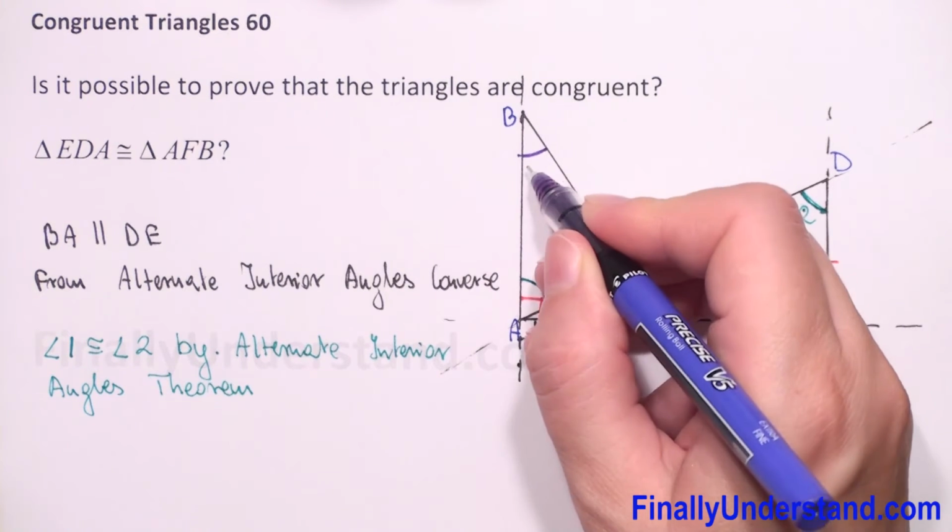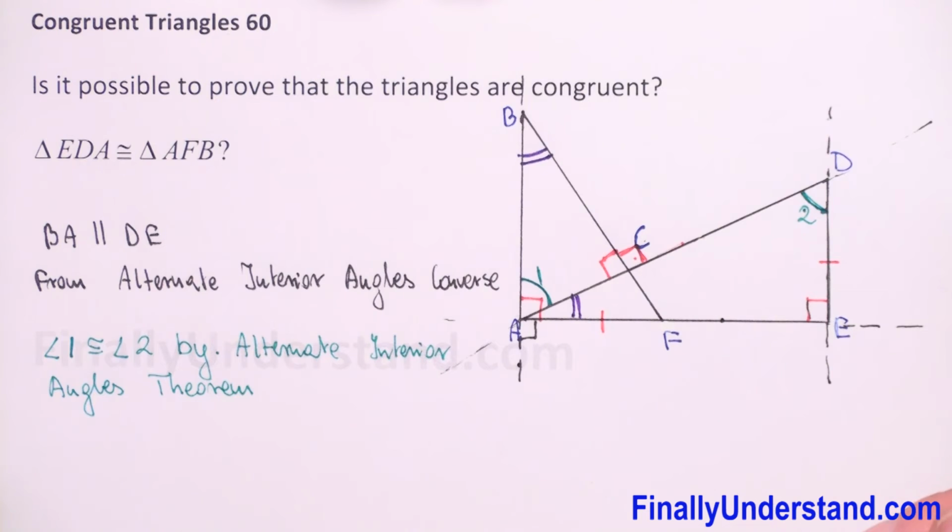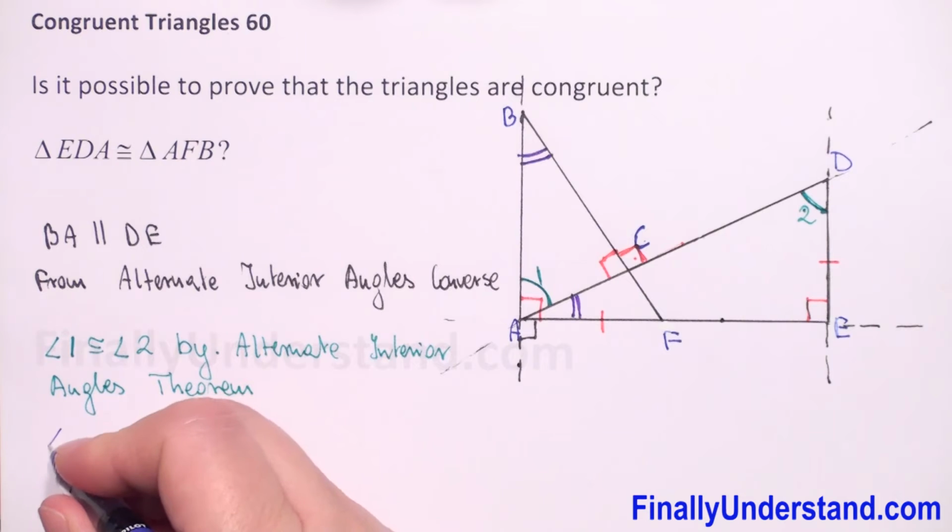This angle is congruent to that angle. We know this by third angles theorem. Why? Because if two angles of one triangle are congruent to two angles of another triangle, then the third angles are also congruent.